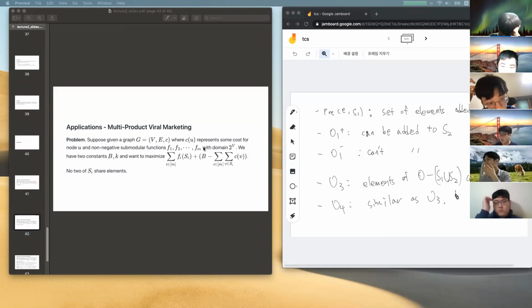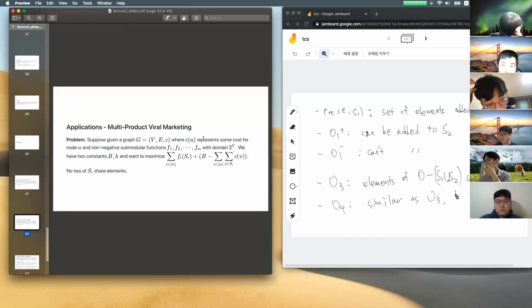C_u represents some cost for selecting node u as a seed, and f_i represents some monotone or non-monotone submodular function that represents the spread of influence, and then we want to maximize this value.